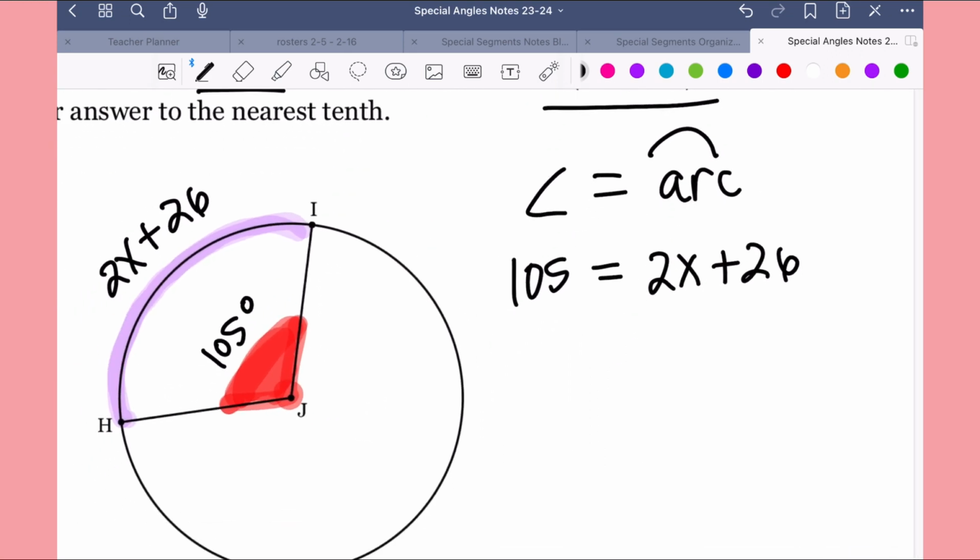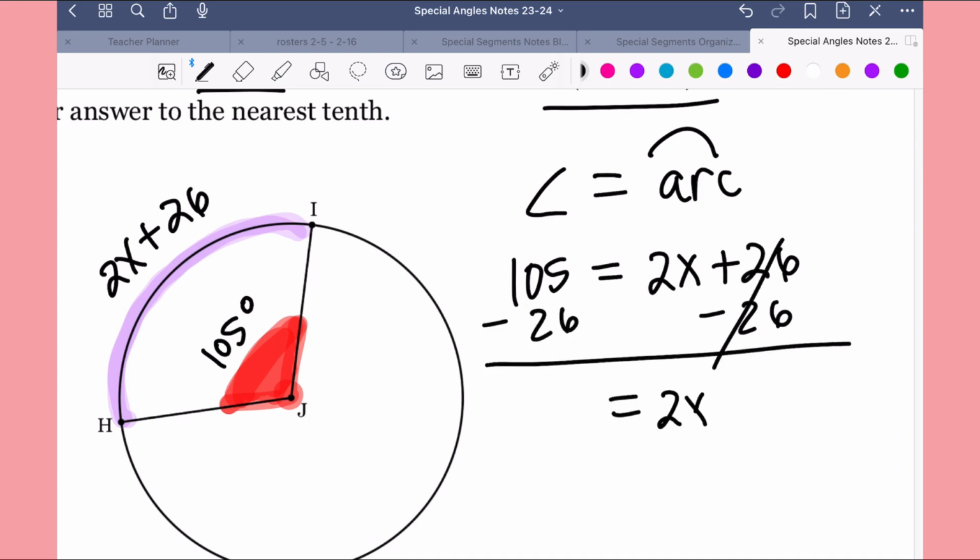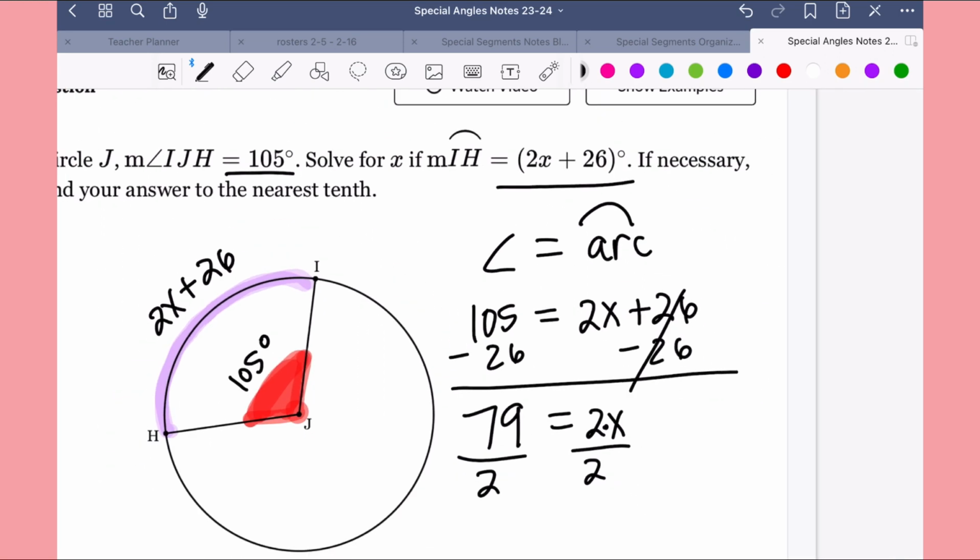So what's the opposite of adding? Subtracting. What you do to one side, you do to the other. Cancel. Bring down the 2x. 105 minus 26. Let me get my calculator. 79. Okay, and then the opposite of multiplying is dividing. And we're going to get a decimal, but that's fine.